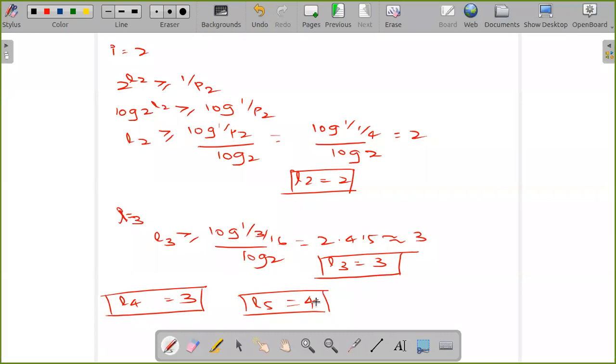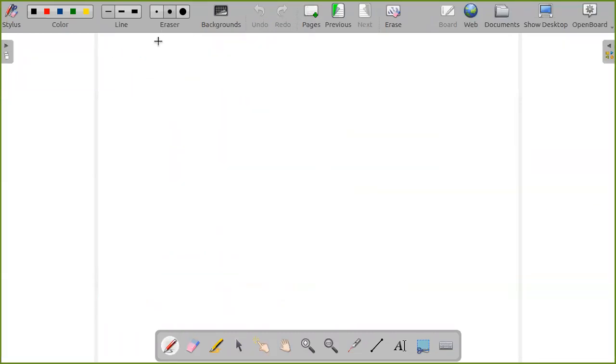Now step number 4. Step number 4 is converting these decimal values into binary.